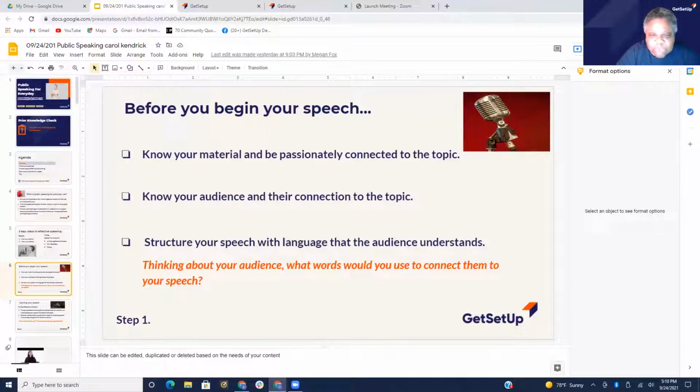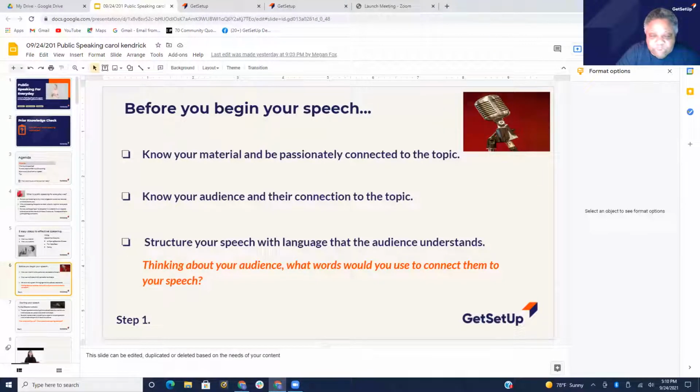Structure your speech with language that the audience understands. It's not the time to use more fanciful words. It's the time to use basic words that your audience will understand, or terminology of that particular audience. So think about your audience.